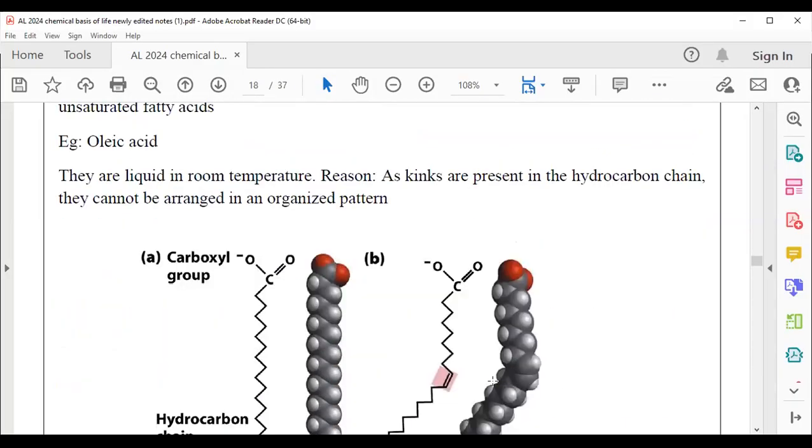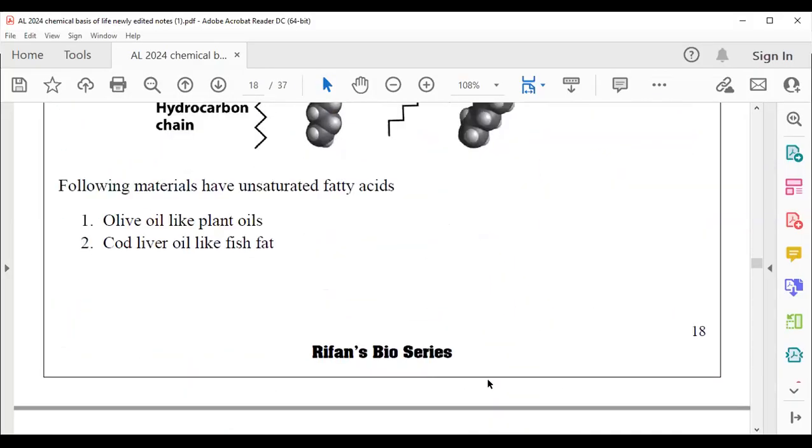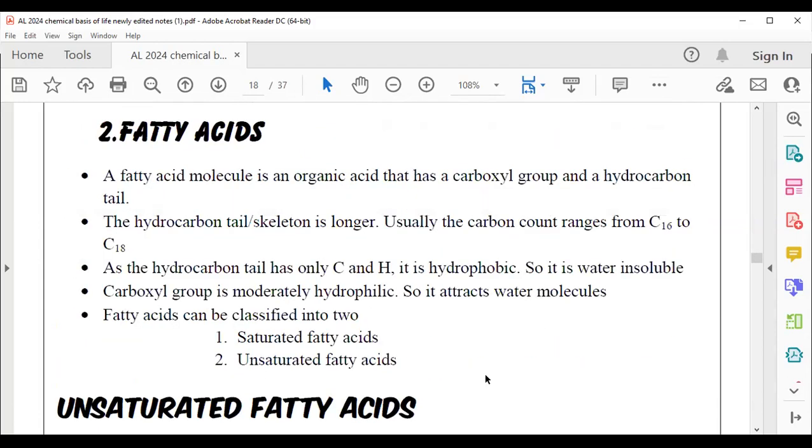Okay. Here, I have given you a note. Fatty acids have a carboxyl group and a hydrocarbon part. In the hydrocarbon part, 16 to 18 carbon atoms will be there.